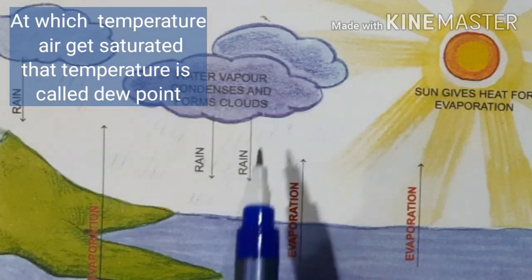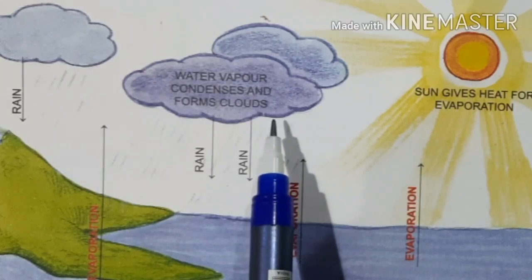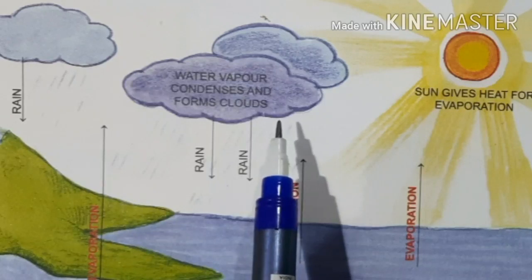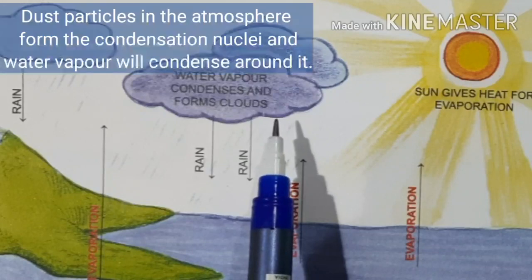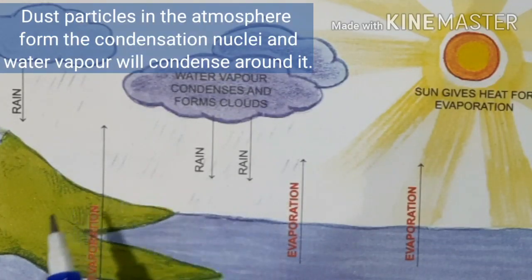So in the higher levels of the atmosphere, air gets saturated, water vapor reaches its dew point, and at that time water vapor will condense around dust particles. How are dust particles present in the atmosphere? They come from the earth itself. These dust particles become the nucleus for the condensation process, and that leads to the formation of a number of clouds.